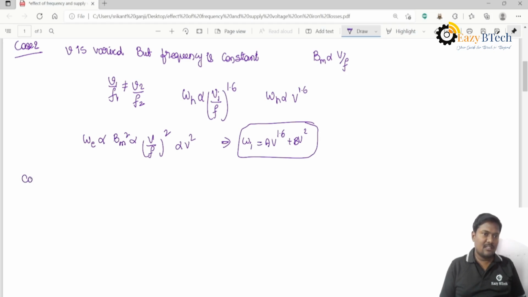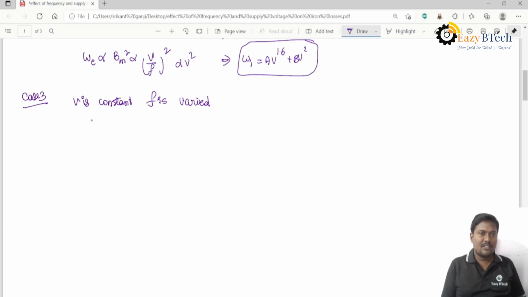In case 3, voltage is constant and frequency is varied. Hysteresis loss is directly proportional to V by f whole power 1.6, where 1.6 is for silicon steel. If V is constant, hysteresis loss is directly proportional to f^-1.6.